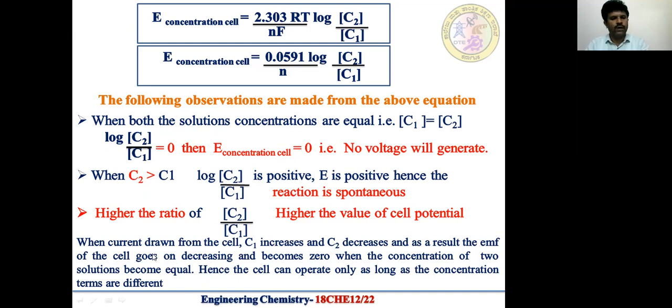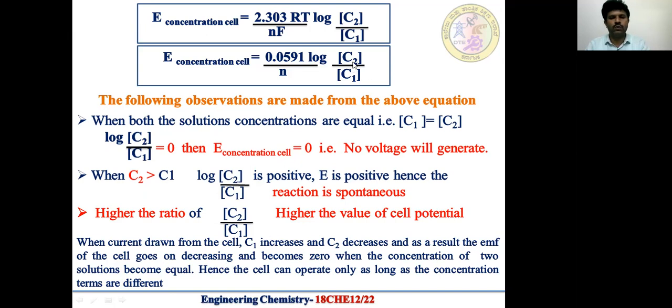That means the number of ions increases at the anode and decreases at the cathode. So when current is drawn from the cell, that means when the cell starts operation, the concentration of C1 increases and the concentration of C2 decreases. As a result, the EMF of the cell goes on decreasing.